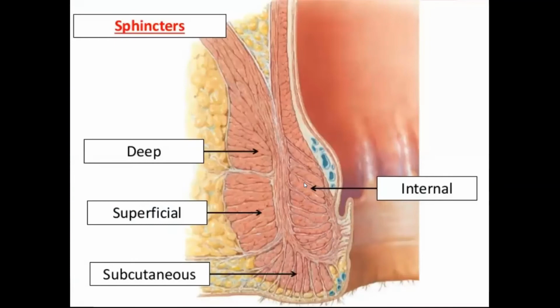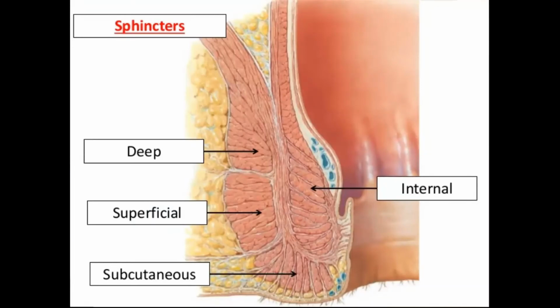This is the last part of my slides: the sphincters around the anal canal. The internal sphincter comes from smooth muscle, a continuation of the muscle from the rectum, usually surrounding the upper two thirds of the anal canal.